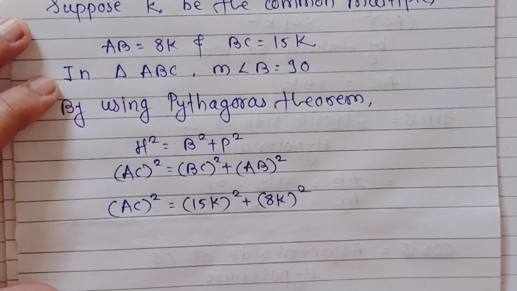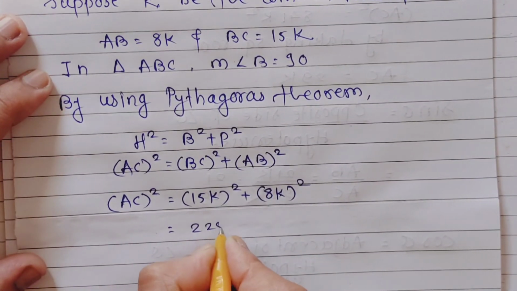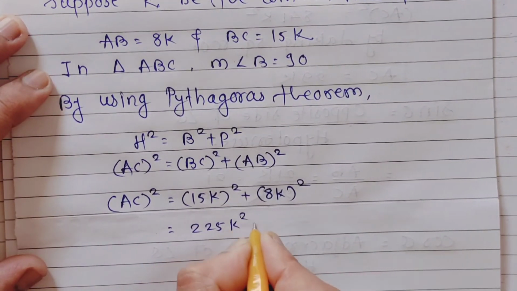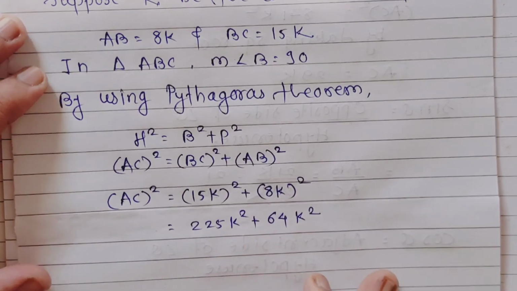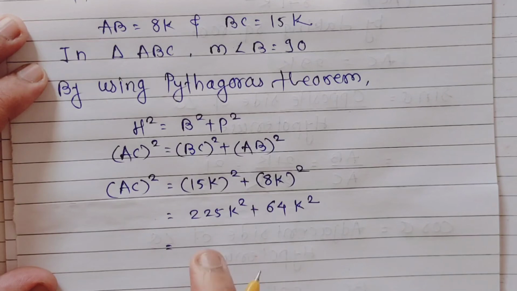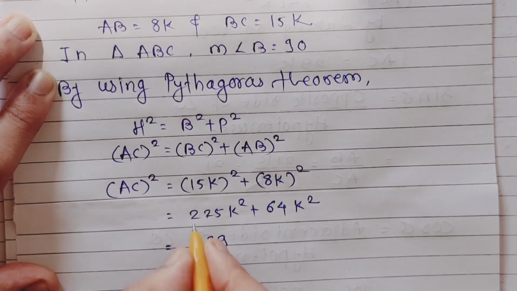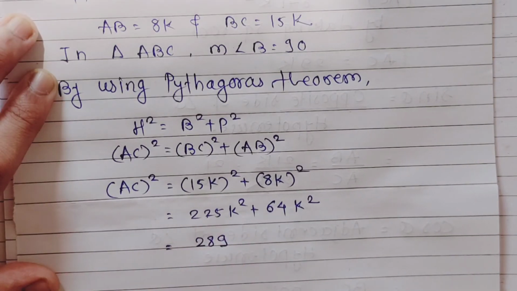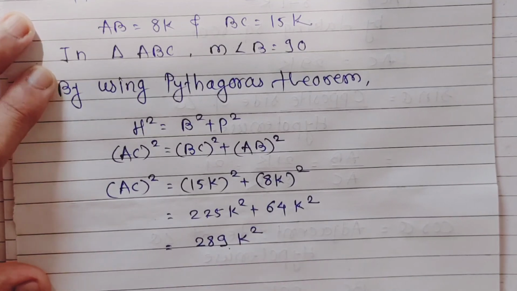So 15 square, we know that 225 into k square, plus 8 square, 64 into k square. Then addition 5 plus 4, that means 9. Then 6 plus 2, that means 8, and 2 as it is. That means addition is 289 into k square. Is it clear?